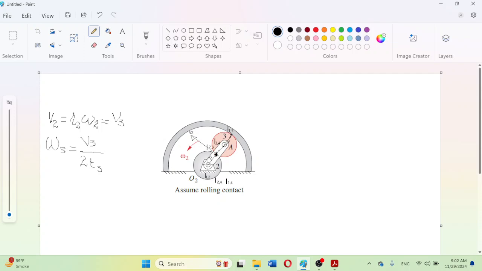So that means its center of rotation is here on the right side. So the velocity will be perpendicular to this line. So I can, for example, write it here like this.